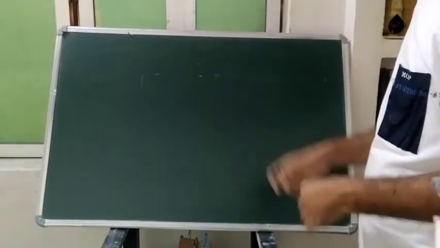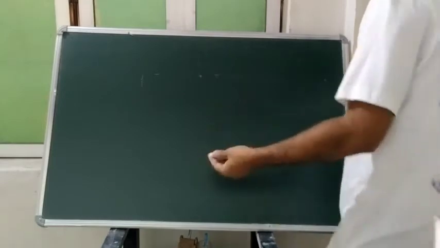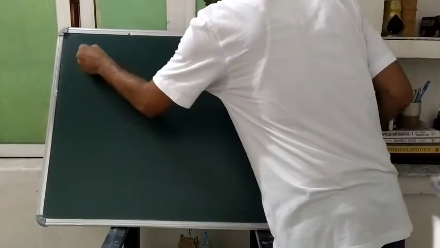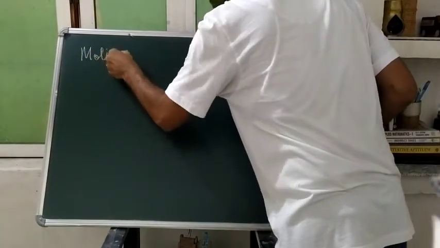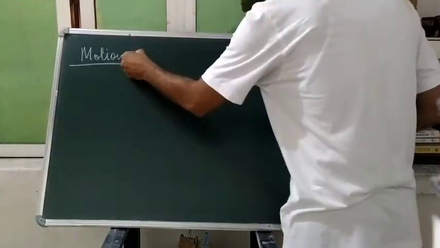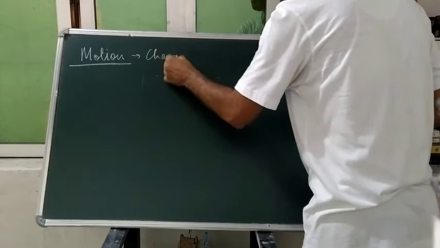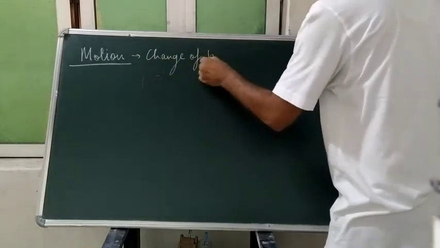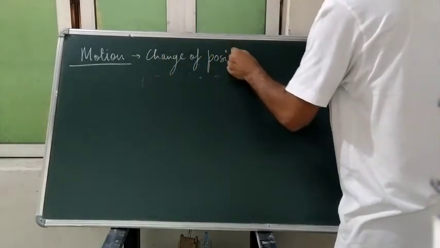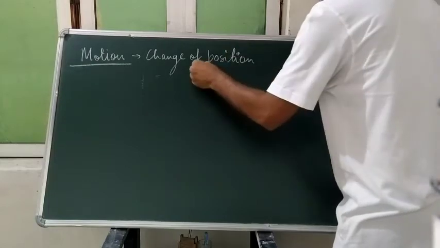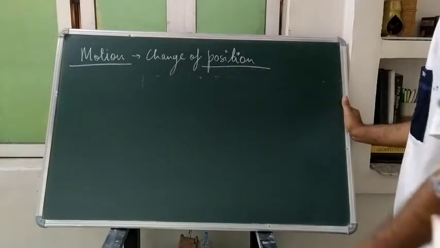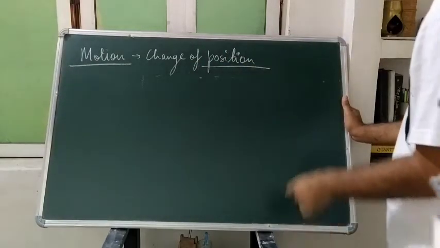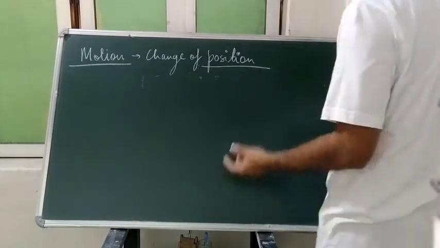We are going to study the laws of motion, so we should also know what motion is. What is motion? Change of position. This position is very important. Now you are in 11th class, and how you define the position matters.